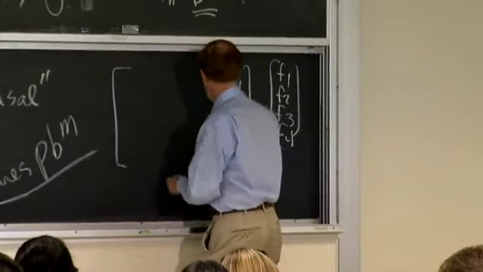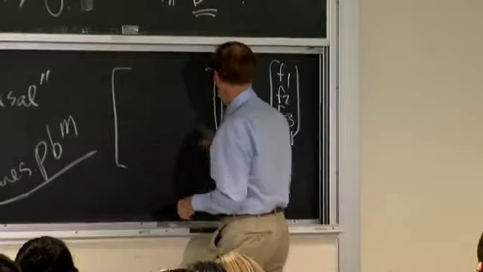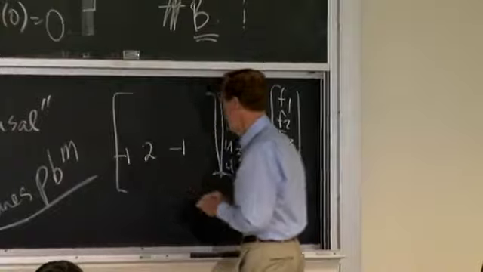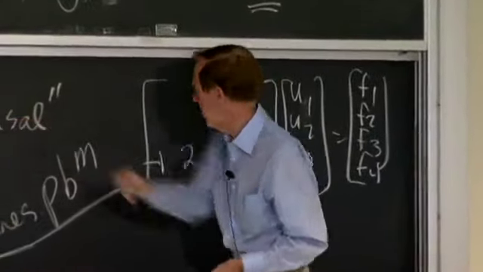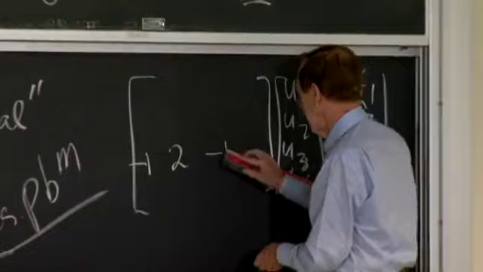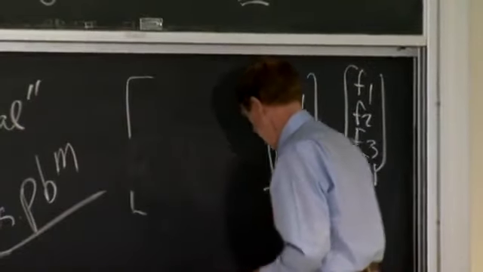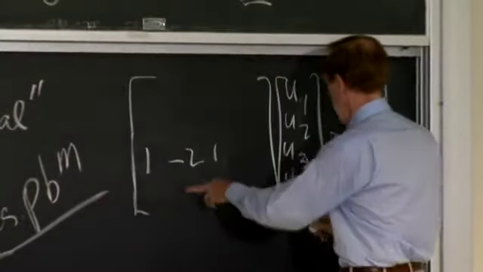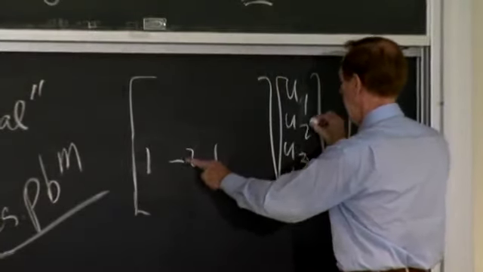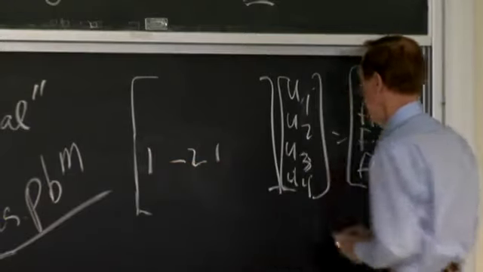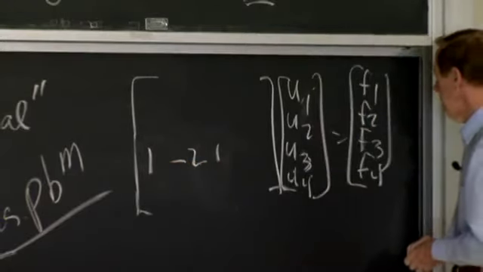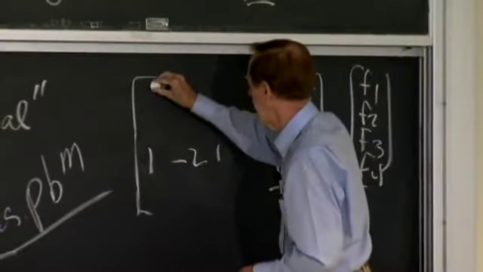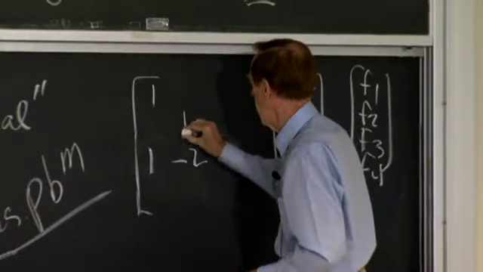I'm going to find, let's see, a typical value would be, say, U3, because I've used the plus sign. Oops, I can't make myself do it right. 1, minus 2, 1. That would say U3 minus 2 U2 plus U1 would be the new force. This is the kind of thing we're going to get. 1, maybe 1 something.